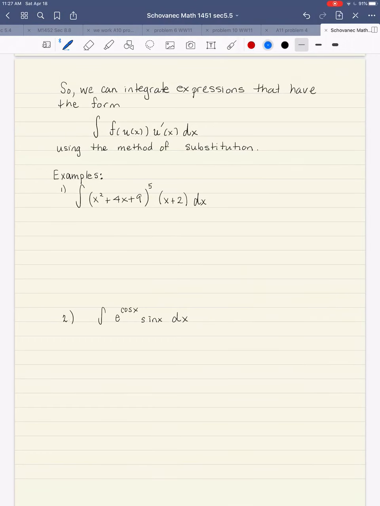So here we've got an inside part. I'm going to take u to be all of the inside. Okay, now we need its derivative. So u prime, I'm going to denote the u prime as du.